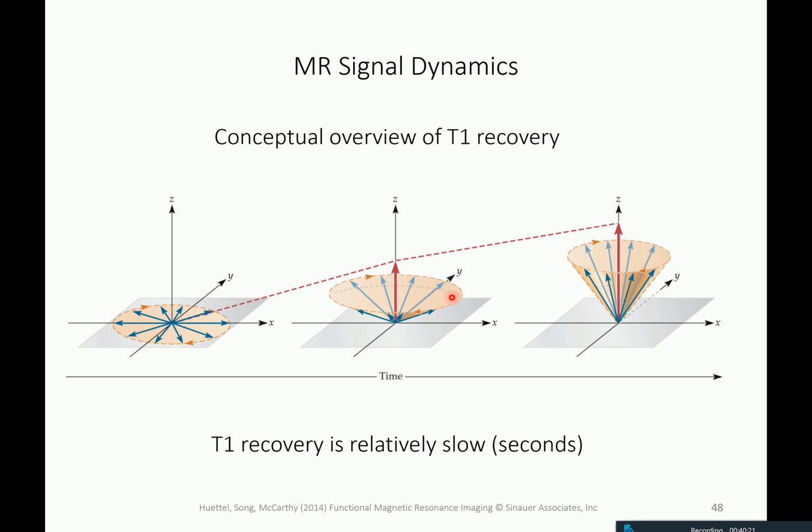The more important thing is that the little nuclear magnets were in this transverse plane and lost phase coherence, and now, from the quantum theoretic idea that spins realign with the magnetic field, the signal in the Z direction builds up again.